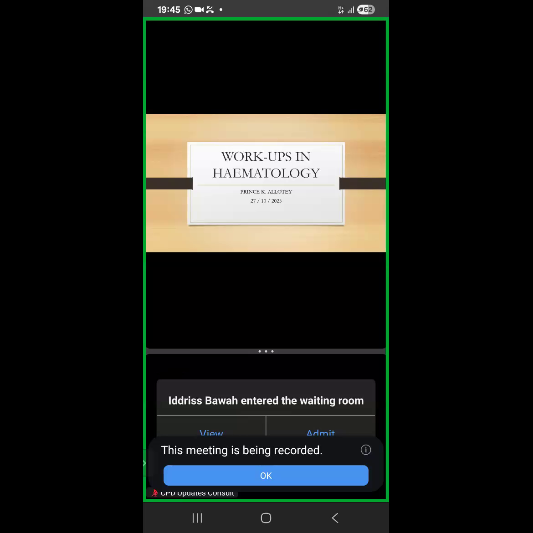So I just want to say that all of these things, we need to bring them on board before we can make diagnosis using peripheral blood smears. Otherwise, all we will be doing will be looking at red cells and describing them, white cells, describing them.